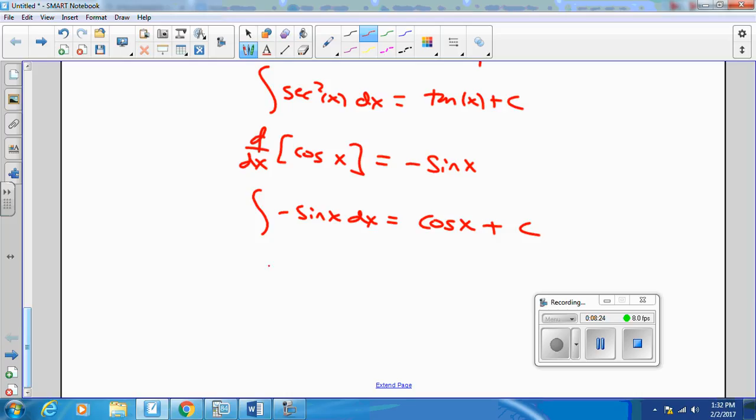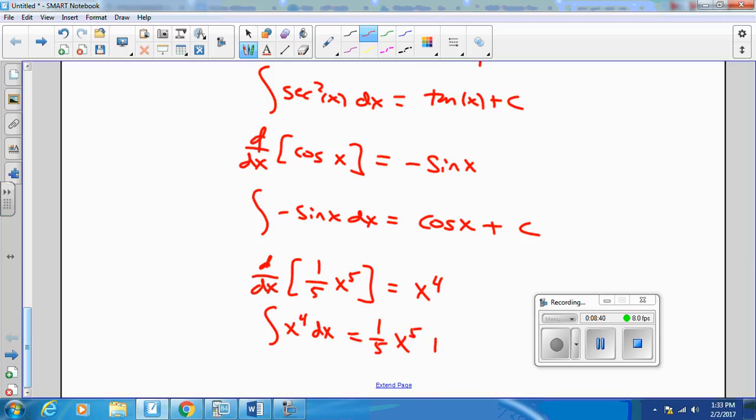The derivative of 1 over 5 times x to the 5th equals x to the 4th. So the antiderivative of x to the 4th dx. Good. Very good. That's very clever of you. Okay. So that's the spirit of these. Once you've got your derivative rules, then you're going to turn them into antiderivative rules. And Tony, you can see why, so that you get the logic nice and clear in mind.